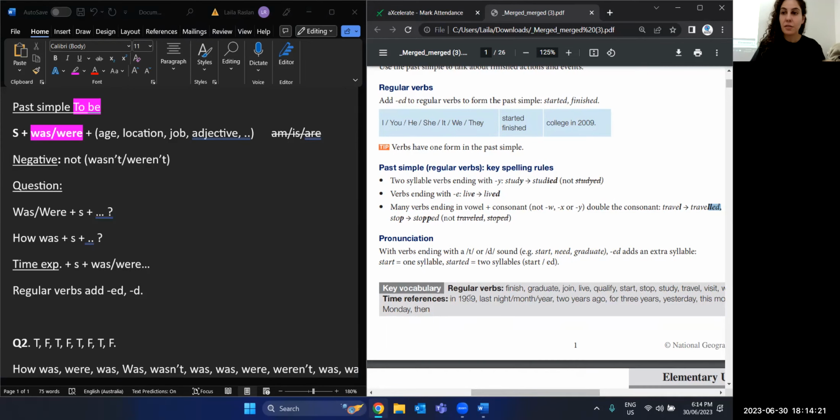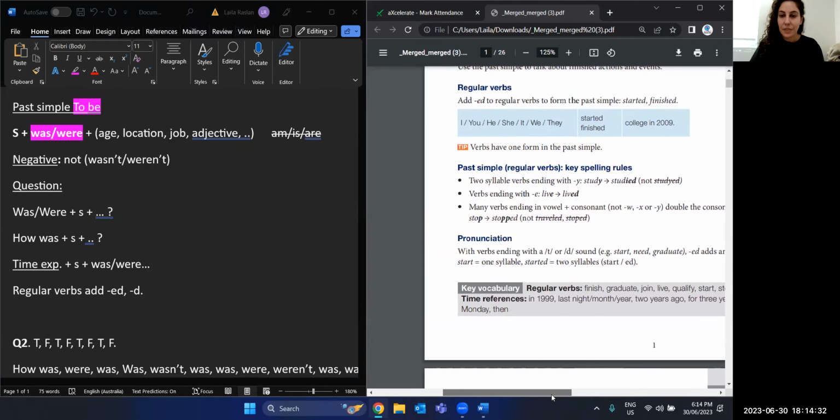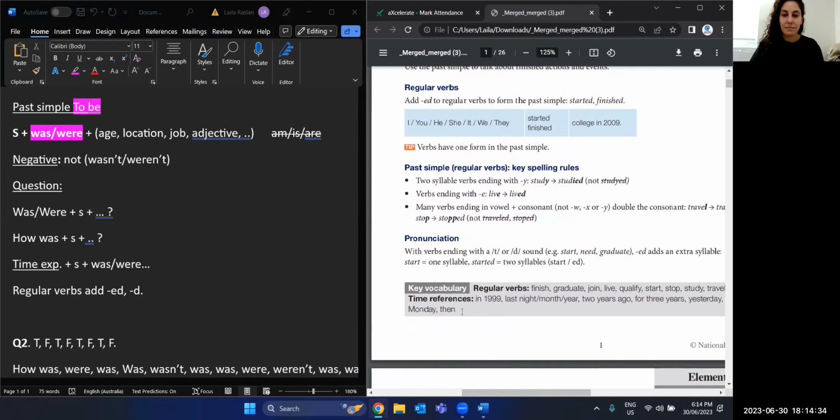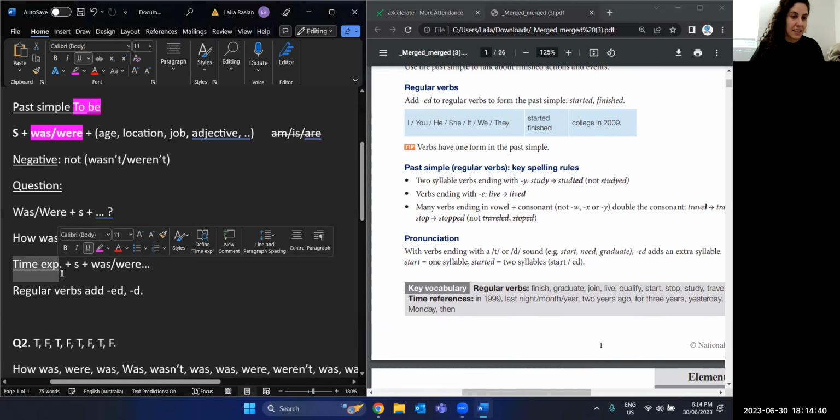In 1999, remember, put this at the beginning of the sentence. Last night, last month, last year, 2 years ago, for 3 years, yesterday, this morning, on Monday, then. That's time. Time goes at the beginning of the sentence, before the subject, and before the verb.